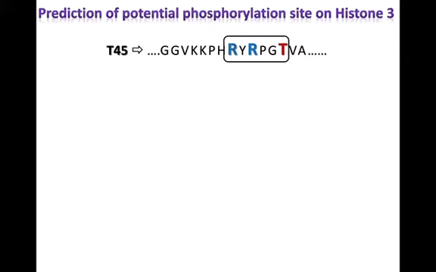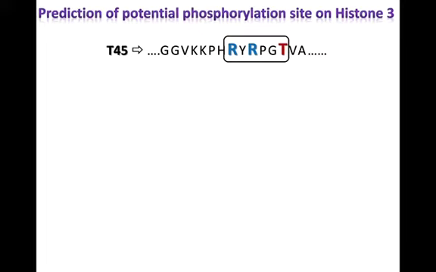Normally, this family of kinases, S6K2, needs a specific sequence on any protein to undergo a modification. So let's see how the site was predicted before doing any experimental work.